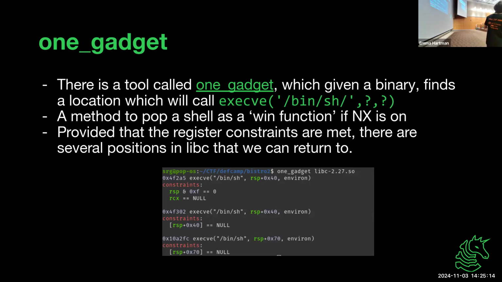And if you jump to a specific location within system, if you have certain constraints that are enforced, you'll just pop a shell. No work needed to build a ROP chain or any of these complicated things. So you can look up OneGadget, you can throw the libc of a program into it, and it'll tell you, hey, jump to this offset in libc, and you should get a shell if everything goes well.